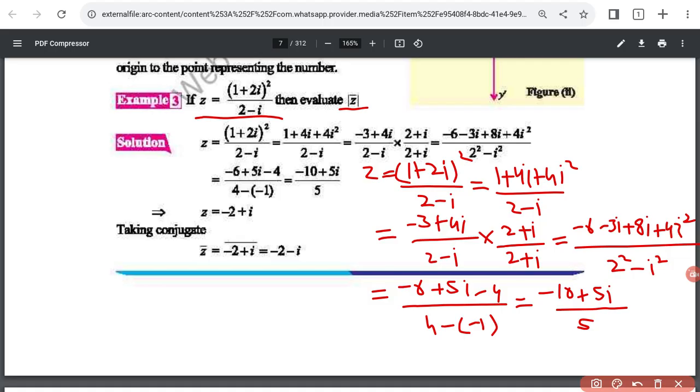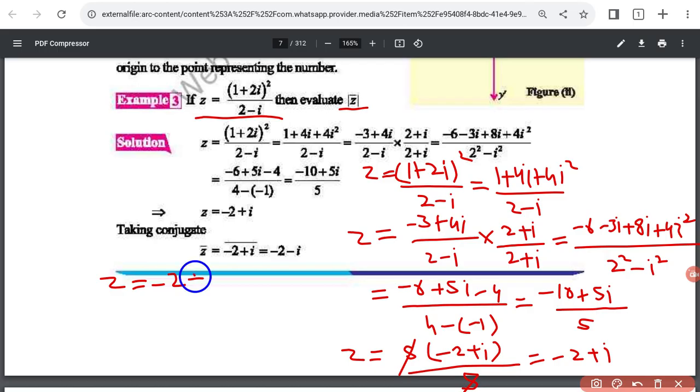After this we take 5 as a common. So here we have minus 2 plus iota over 5, so 5 cancelled by 5, then we have minus 2 plus iota. So here z is minus 2 plus iota.